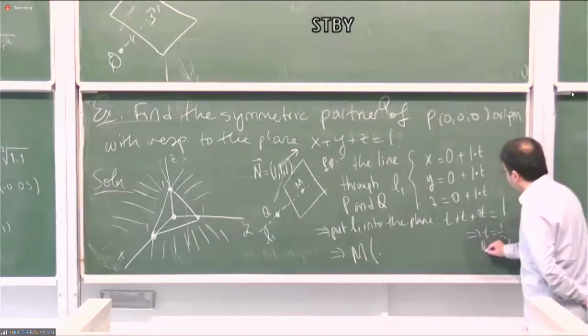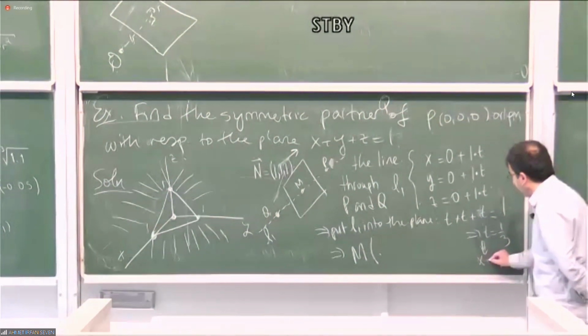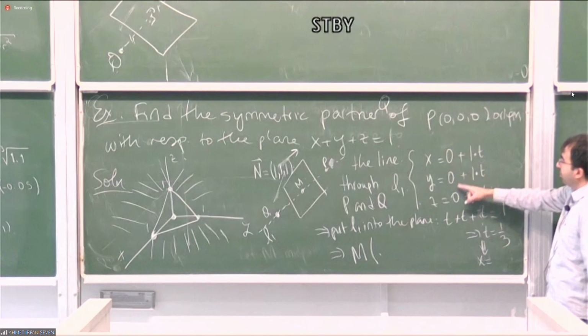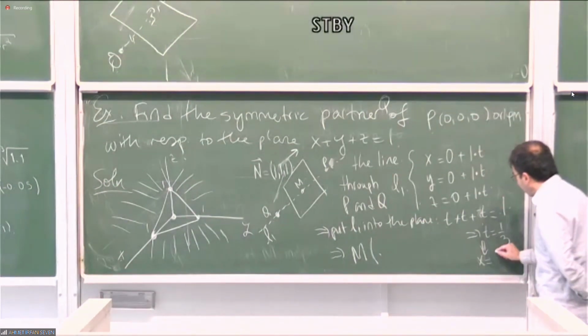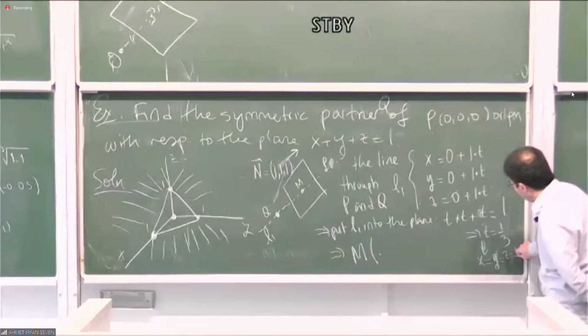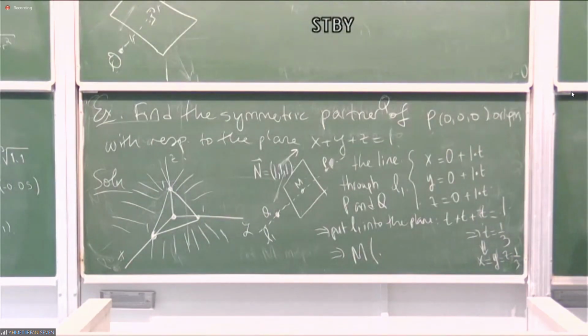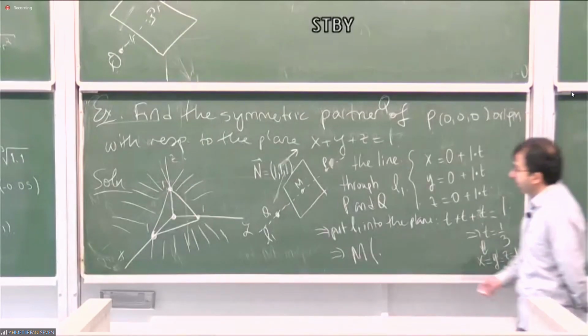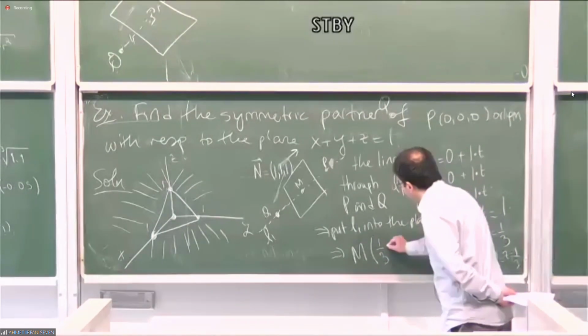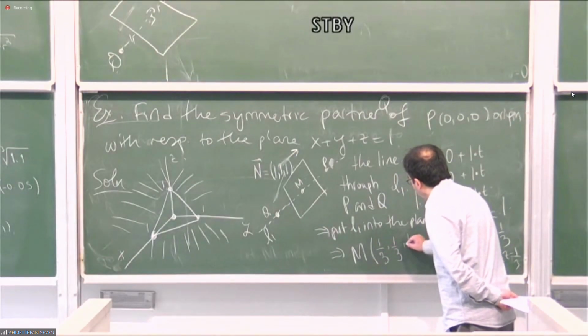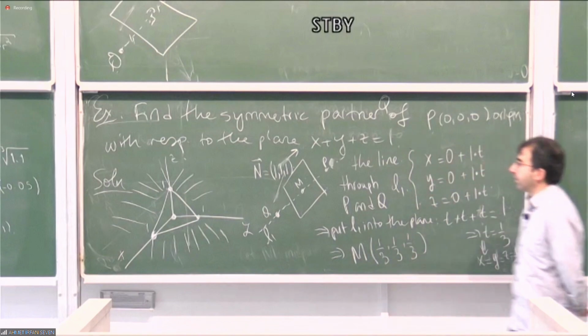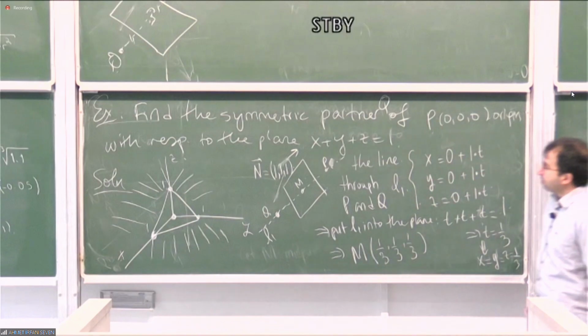You see that x is equal to t, y equals t, z equals t. So x is equal to y, equal to z. They are all equal to 1 over 3. So M is 1 over 3, 1 over 3, 1 over 3. What is M?